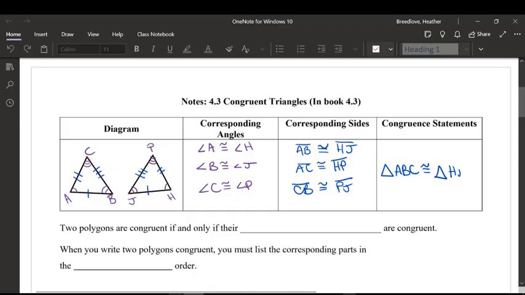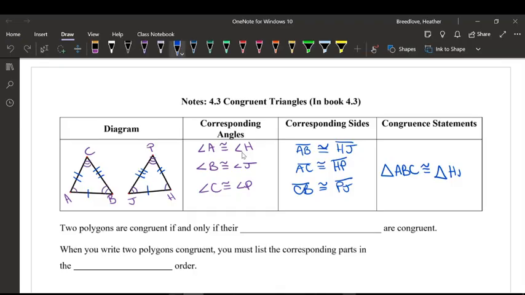So two polygons are congruent if and only if their corresponding parts are congruent. When you write two polygons congruent, you must list the corresponding parts in the same order.